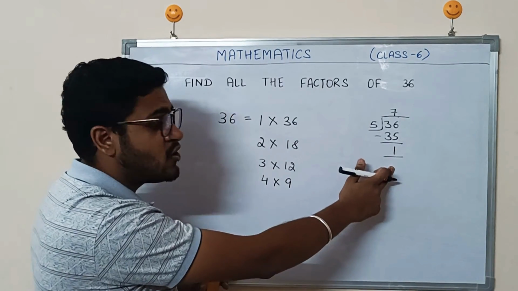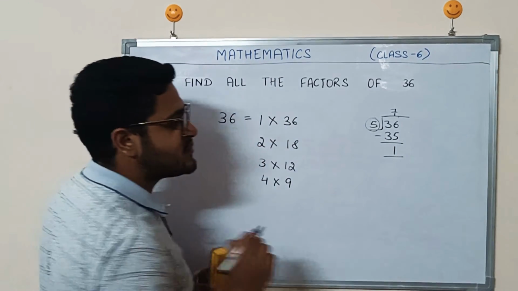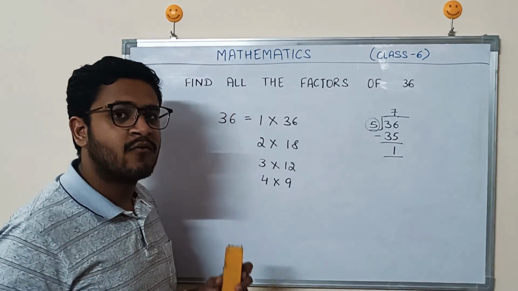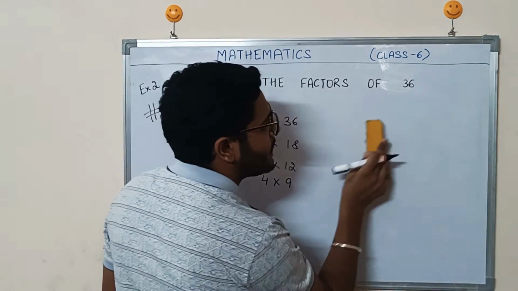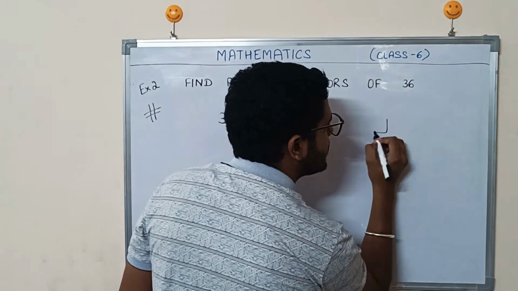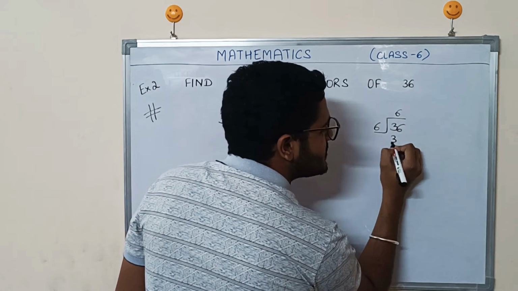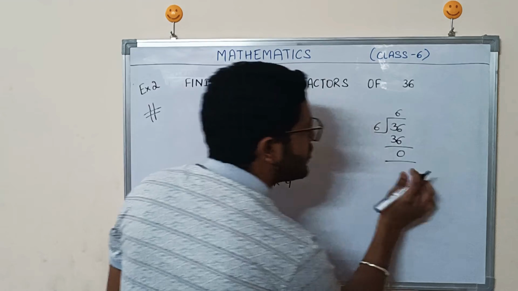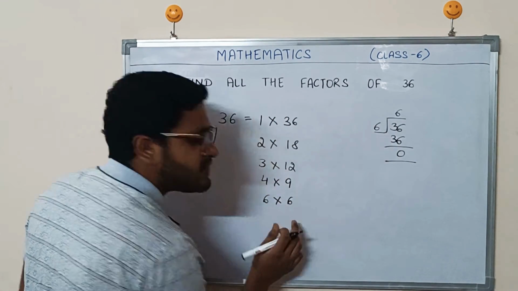So the remainder is not 0, which means 5 is not an exact divisor, which means 5 is not a factor of 36. So we won't consider this. Now after 5, let's try with 6. 6 sixes are 36 and the remainder is 0. So 6 into 6 is a factor.